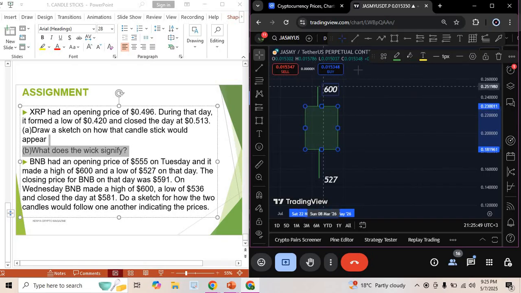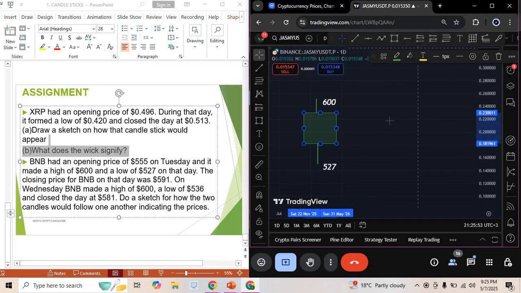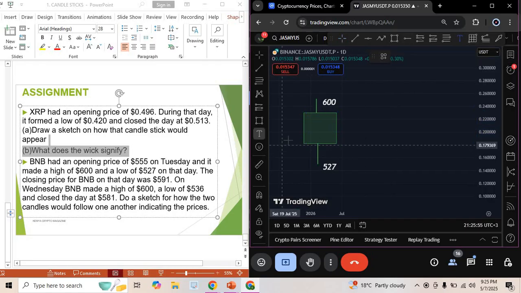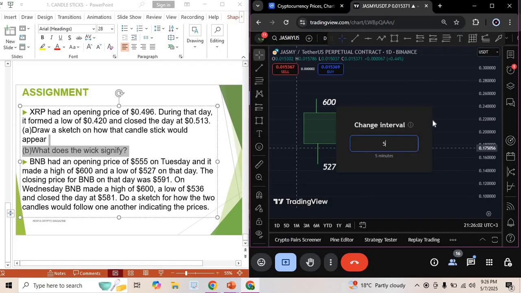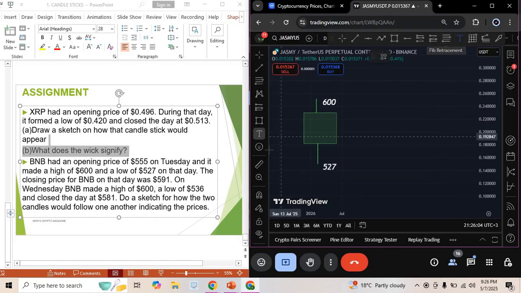And the opening price was 555. Let me name that 555. And the closing price was 591.